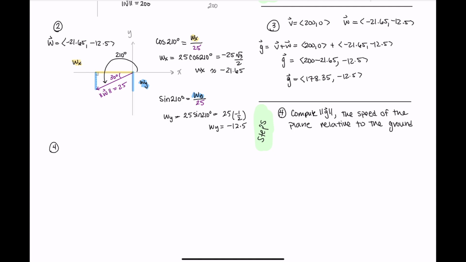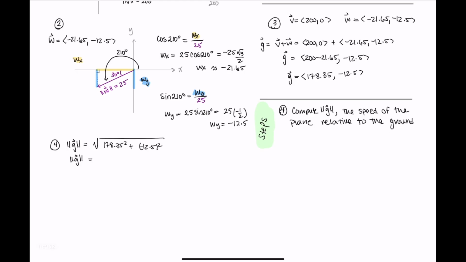So the magnitude of g is equal to the square root of 178.35 squared plus negative 12.5 squared. And that works out to be about 178.79 miles per hour.